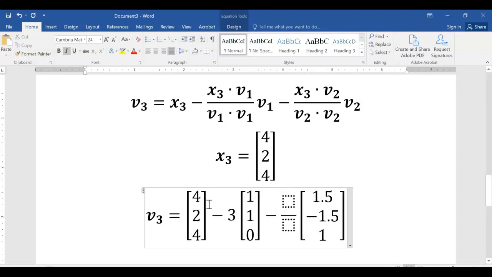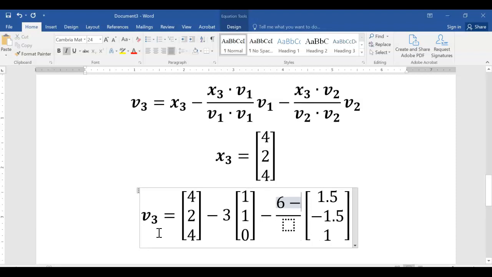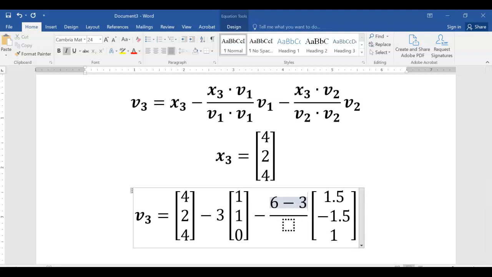Now I'm projecting 4, 2, 4 onto 1.5, negative 1.5, 1. So I'm taking the inner product of x3 with v2. So 4 times 1.5 is 6. You're going to get 2 times negative 1.5, that's a minus 3.